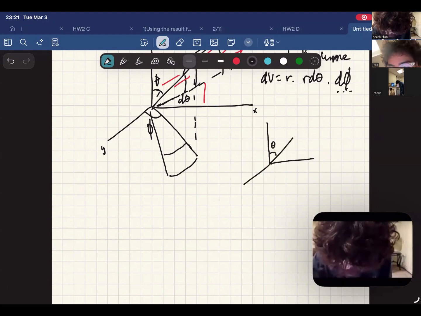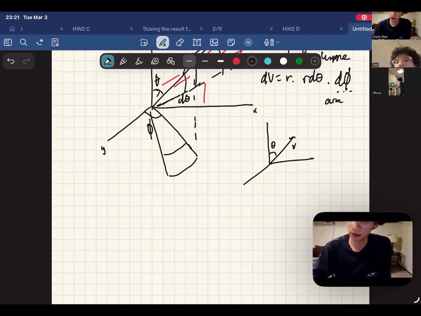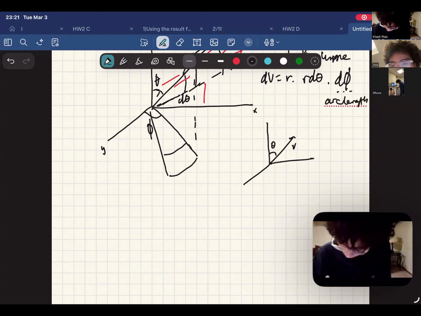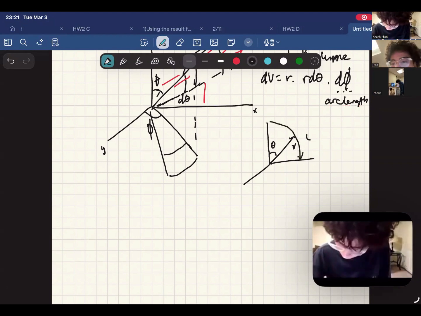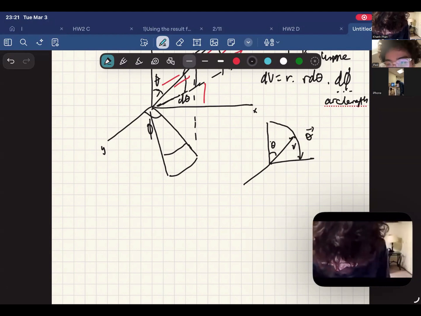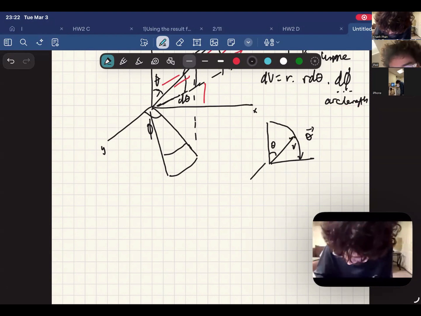We have an angle theta right here, and then this is the radius. So we want to find the arc length created by angle phi, so we need to know its radius. If you look at this, this is the theta direction, and we know that the phi direction goes like this.